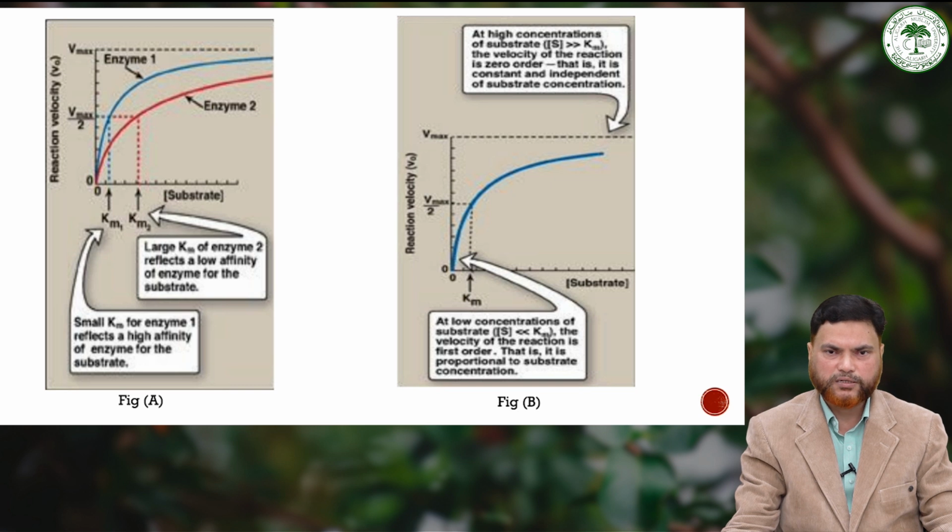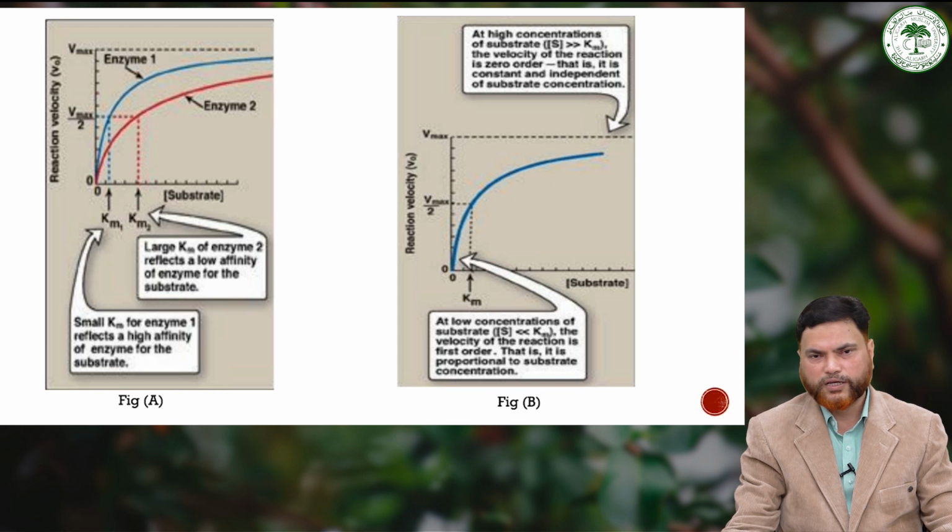First, the Michaelis-Menten constant is very specific to an enzyme substrate pair and indicates the enzyme's affinity for that substrate. It's basically the substrate concentration at which the reaction rate is half of Vmax, as you see, half of Vmax here, and remains constant regardless of the enzyme concentration.